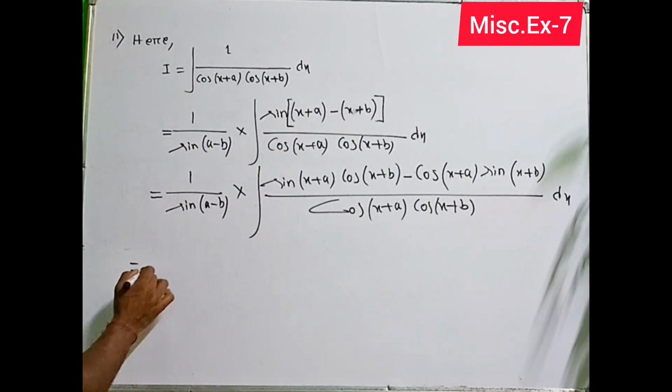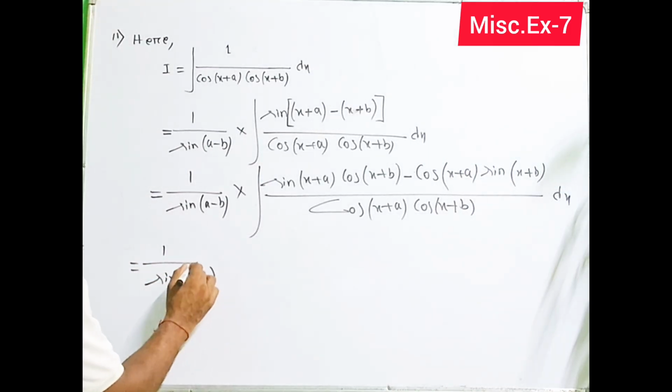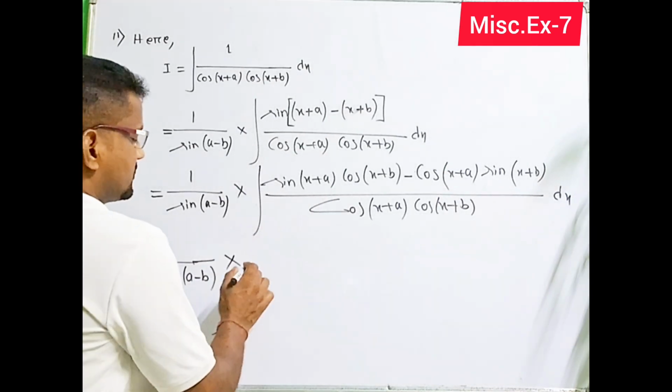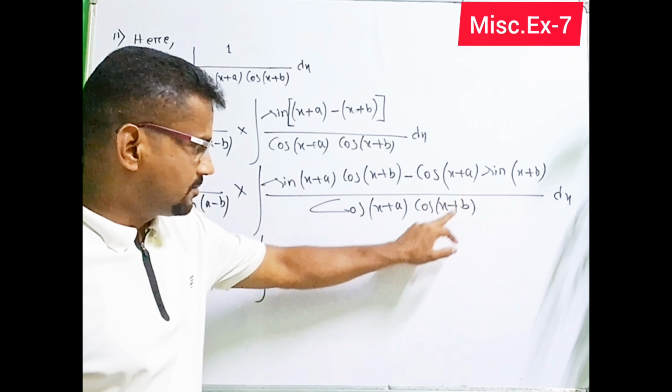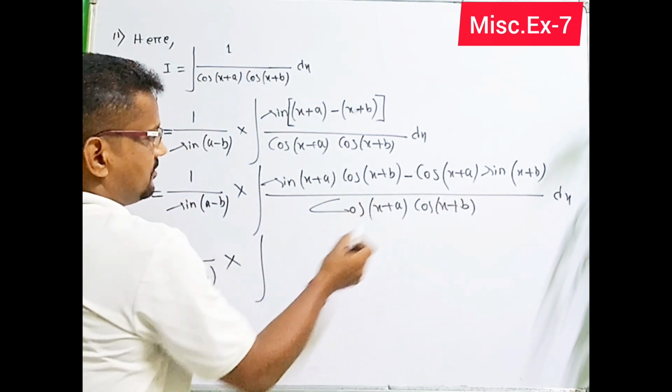Then you see 1 by sine a minus b as it is, into, now you divide term wise, this term by denominator minus this term by denominator. If I divide this, what happens? Cos of x plus b will be cancelled out.